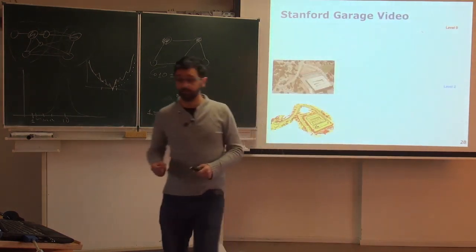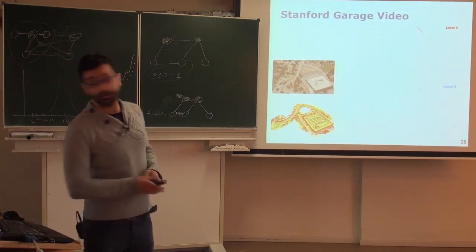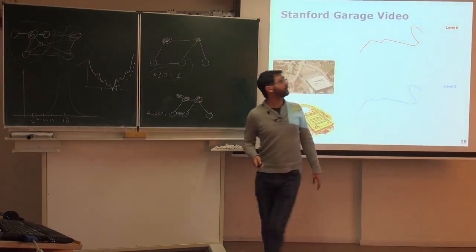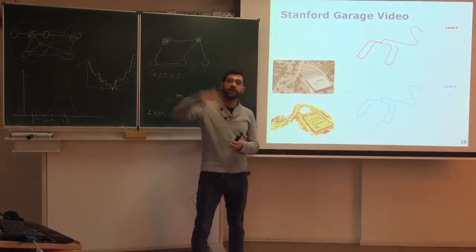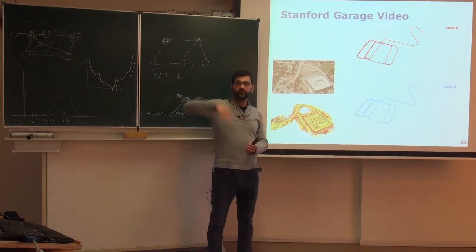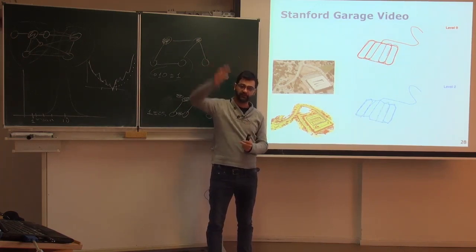Here you can see a video, hope it will work, where on top you see the full graph, using all the data, and at the bottom you see level 2, so two levels of abstraction. What I didn't say before is that you can build as many levels as you want, and each two-level hierarchy you treat in the same way.